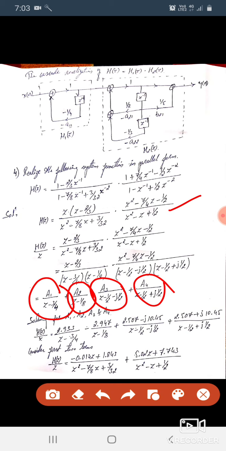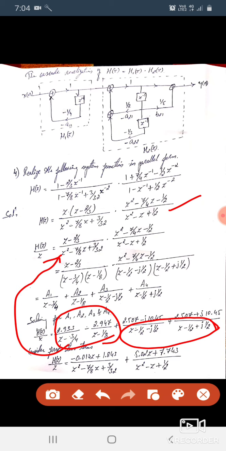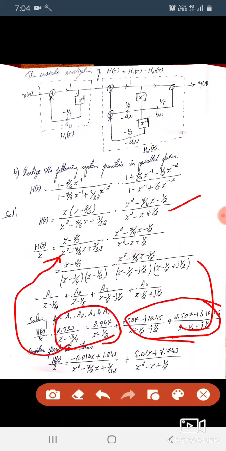Next, what I am going to do here, I will be combining these two. If I combine, I will be getting the same result. Again, I will be combining these two, taking the LCM of the denominator. The denominator will remain the same as in the previous step. Observe here.